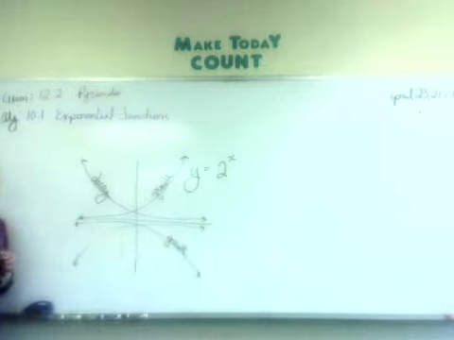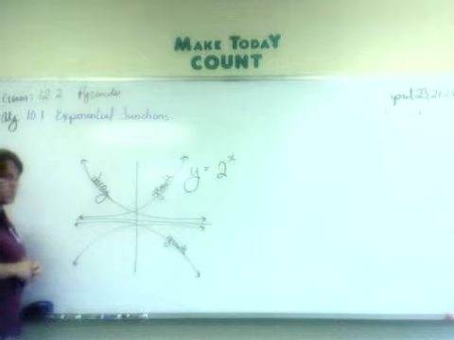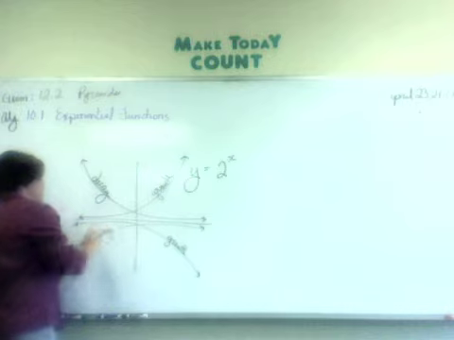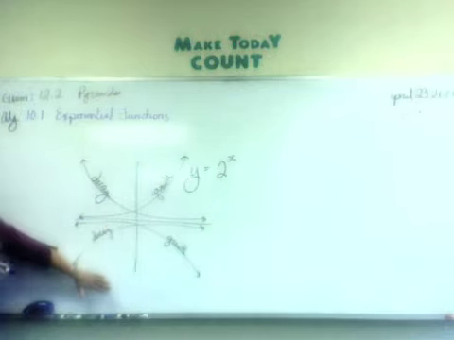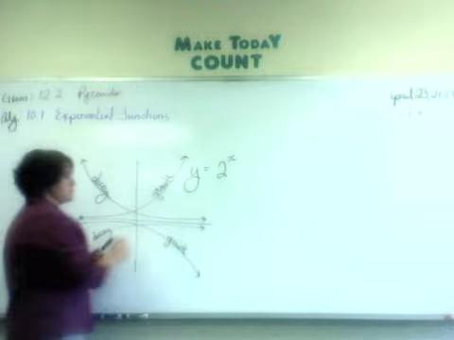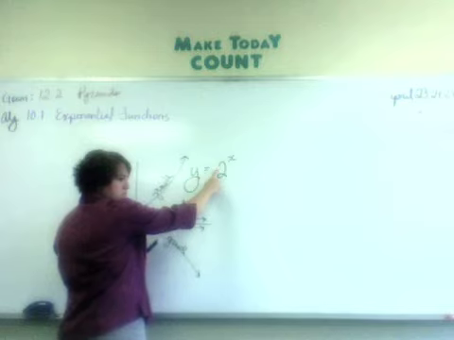Because of the sign, we wouldn't actually call it growth because it's not growing, but it's a reflection of an exponential growth function. This one is a reflection of an exponential decay function. It simply reflects about the x-axis. And what's that based off of? The sign.